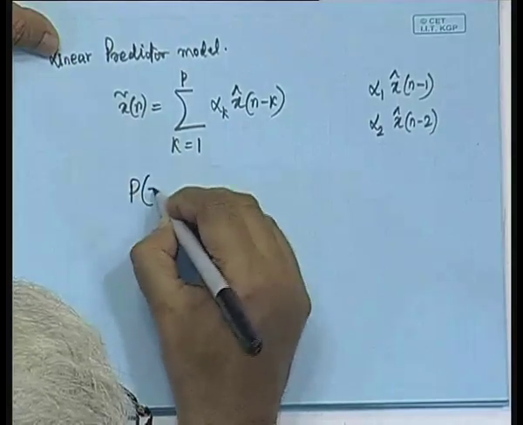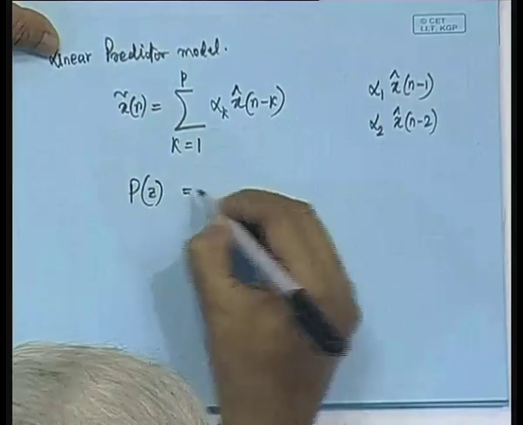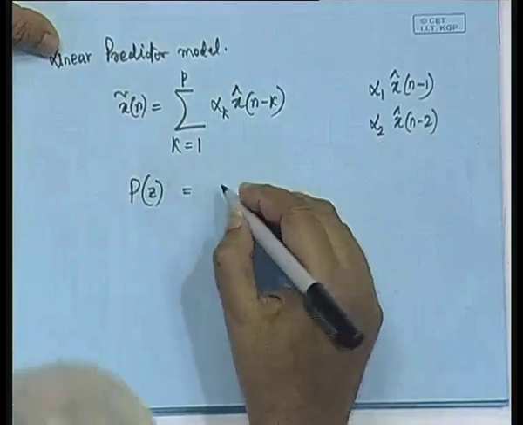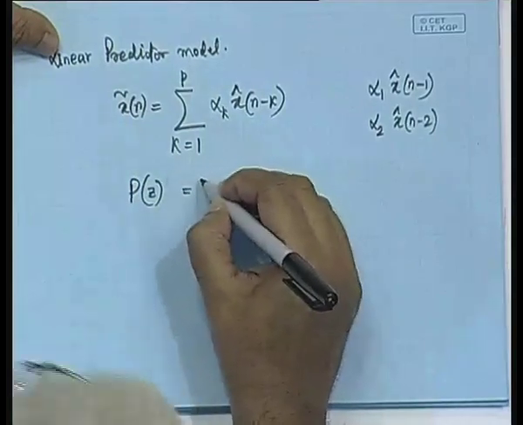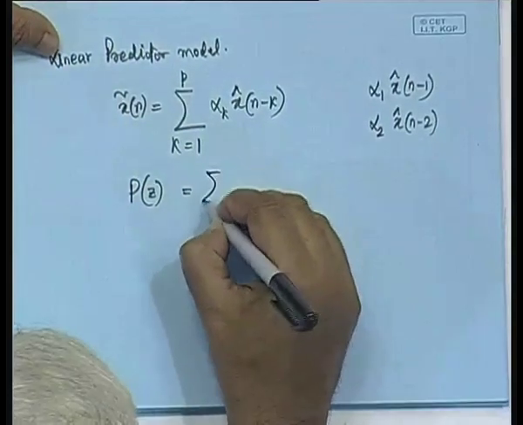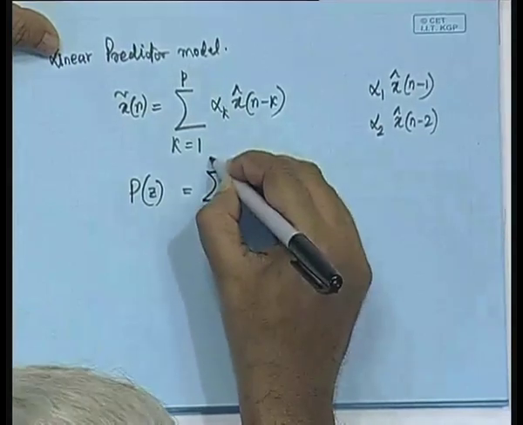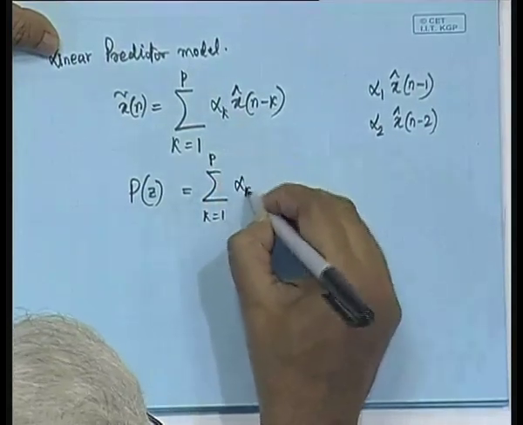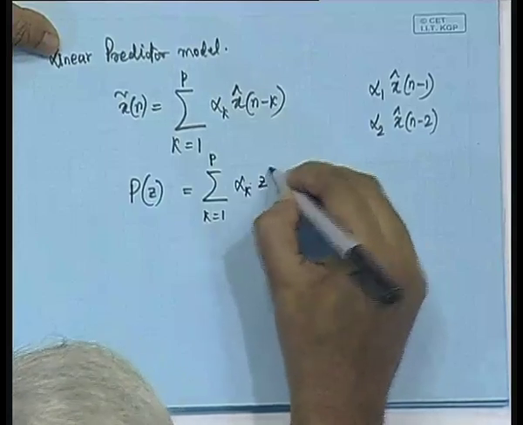We are getting P of Z, that is, the Z transform of the predicted signal, written as P of Z, equal to the summation from k is equal to 1 to P of alpha k into Z to the power minus k.